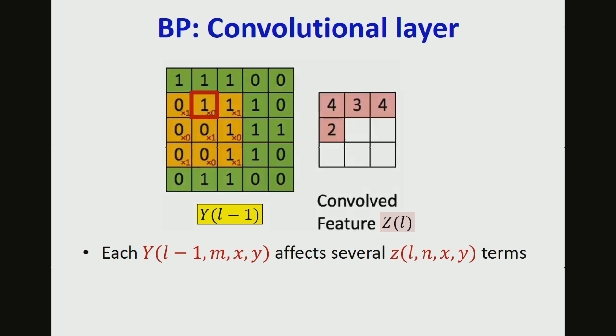You can see that anytime the yellow patch goes past the red, it's not contributing to Z. So which are the locations in Z that this particular Y contributed to? Can you tell me? Maybe this lady can tell me. So you're supposed to look up, right? The stuff is on the slides.